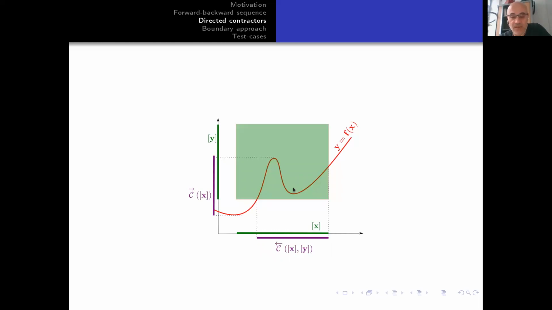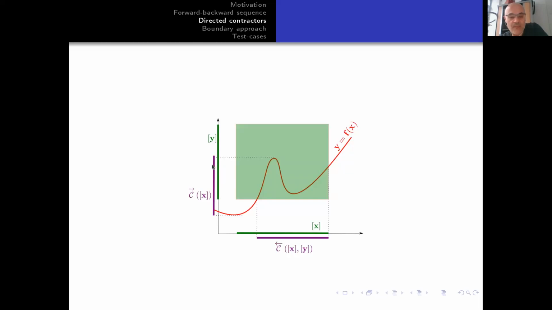So here I have a function, y equals f of x, so f is a function, and I have x and y. For the forward contractor, I take x and compute all the images by f, and I obtain a forward image, which may not intersect y. In this situation, you can see that maybe the term contractor is not the best one, but the contractor is mainly related to x.